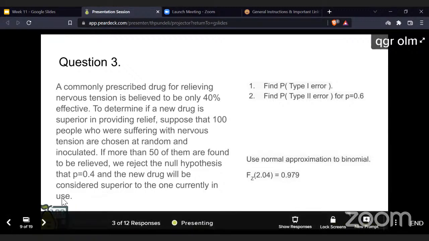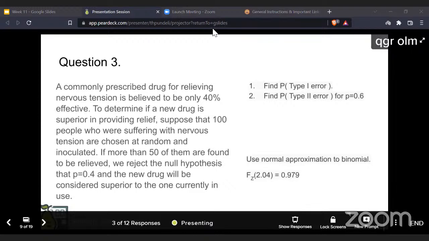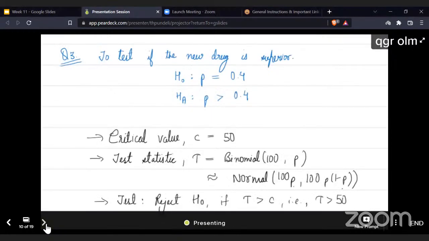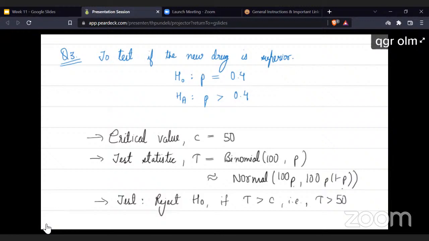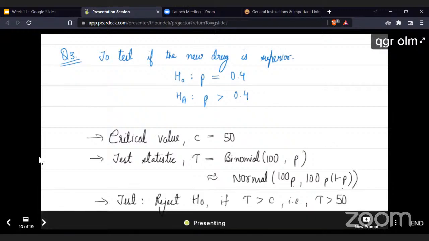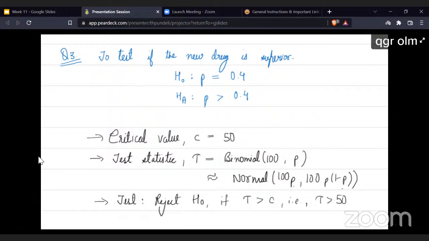Ma'am, here also the test statistic is the sample mean. You can take the test statistic to be the sample mean. Not P, right? Here we are not taking it as P. It is the sample mean. So when do we take the test statistic as P?